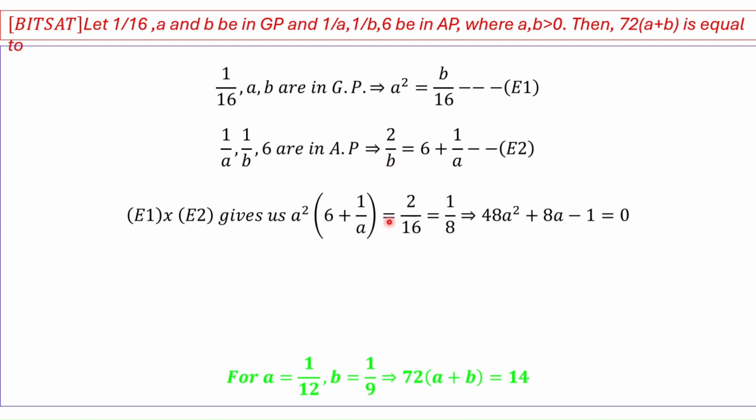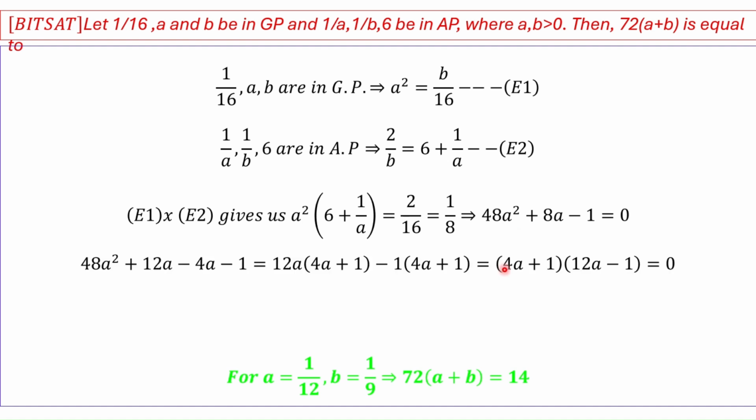B gets cancelled, 2 by 16, that is 1 by 8. So this gives us a quadratic equation 48A square plus 8A minus 1 equal to 0. Once I solve this quadratic equation, I'm doing the factorization method basically, I get two values, A equal to 1 by 12 and minus 1 by 4.